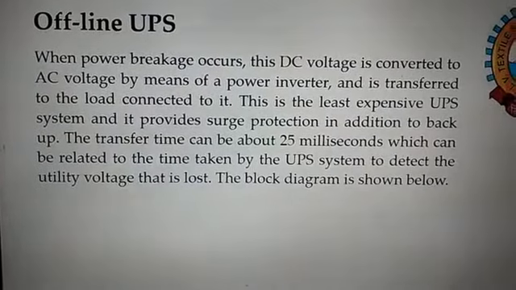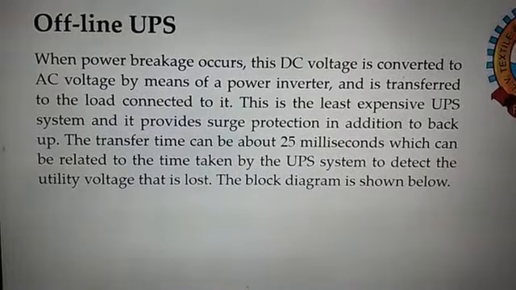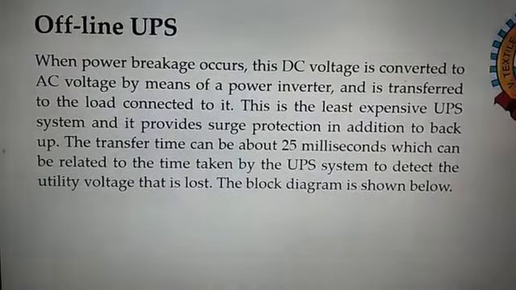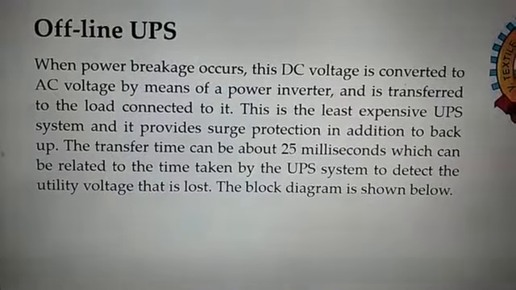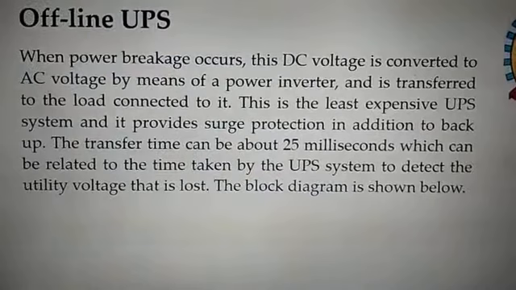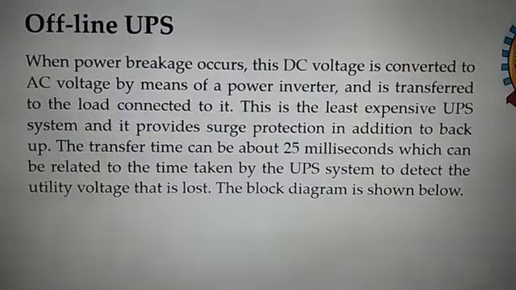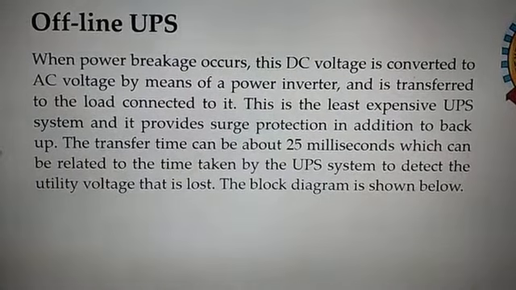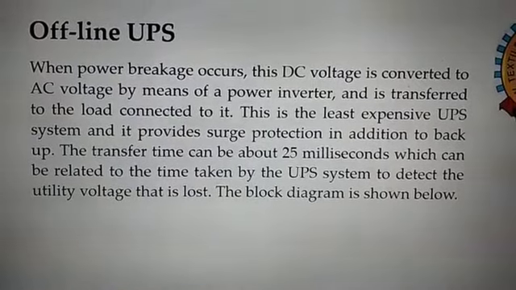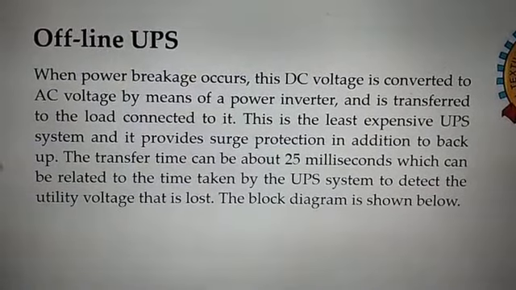When power breakage occurs, this DC voltage is converted to AC voltage by means of a power inverter and is transferred to the load connected to it. This is the least expensive UPS system, and it provides surge protection in addition to backup.